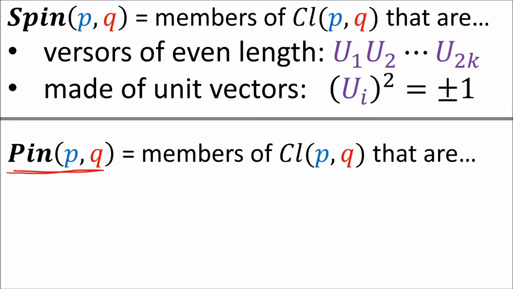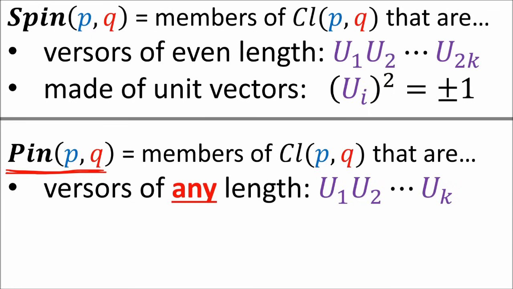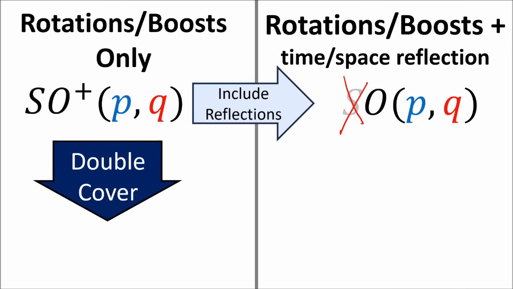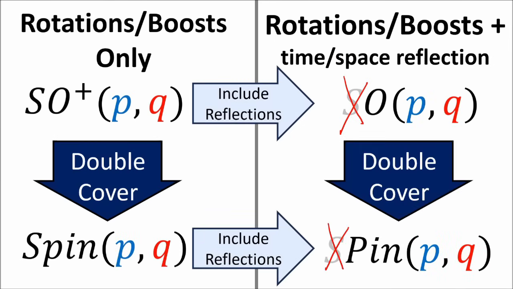The pin PQ group is simply defined as all versors of any length made of unit vectors. As expected, spin PQ is the double cover of SO plus PQ, where the plus indicates that time reflections are excluded, and pin PQ is the double cover of OPQ, which includes both space and time reflections.